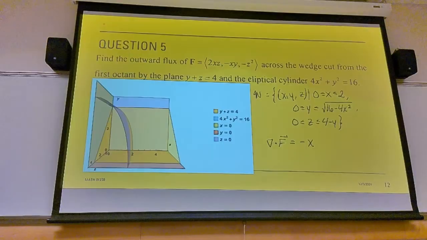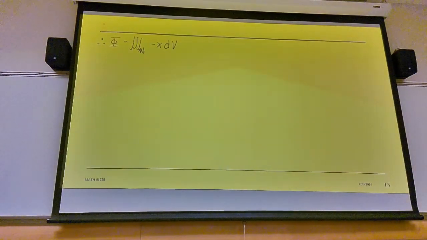Zero to 2, 0 to root 16 minus x squared, 0 to 4 minus y. Pull the negative out. dz, dy, dx. It has to be that order, based on how we described it.